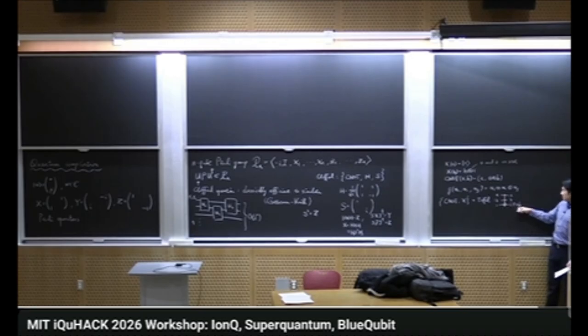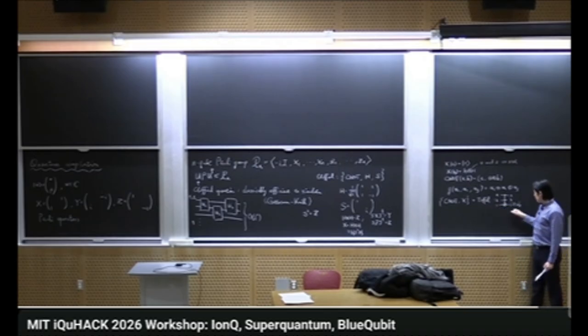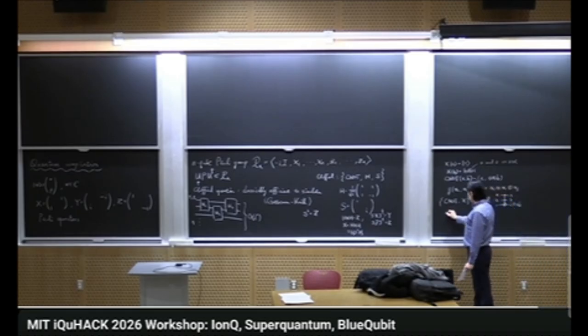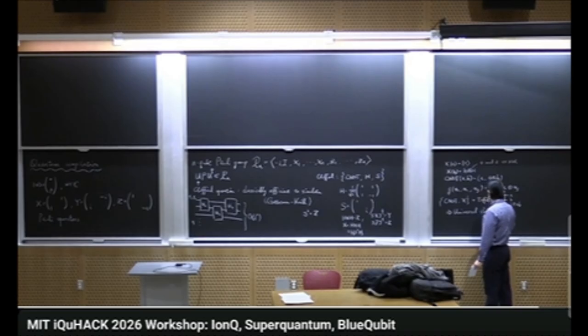It turns out that if you include just a little bit of nonlinearity, one gate that allows you to do this nonlinear operation, then this allows you to perform universal classical computation.